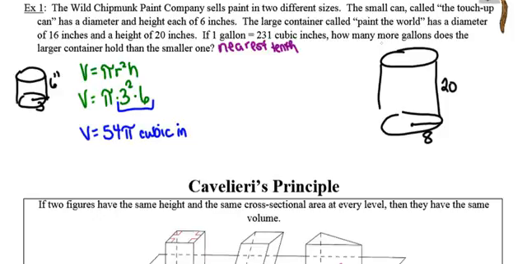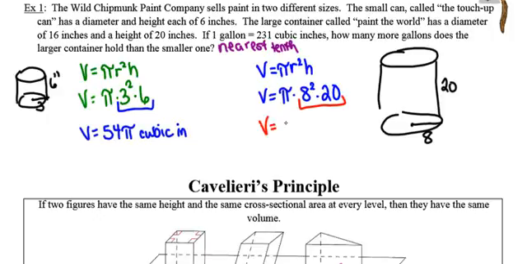For the larger cylindrical can, again, the formula is volume equals pi times r squared times h. But in this case, my radius is 8. The height is 20. And again, I'm going to grab my calculator and I'm going to multiply 8 squared times 20. And I find that the volume of the larger can is 1,280 times pi cubic inches.